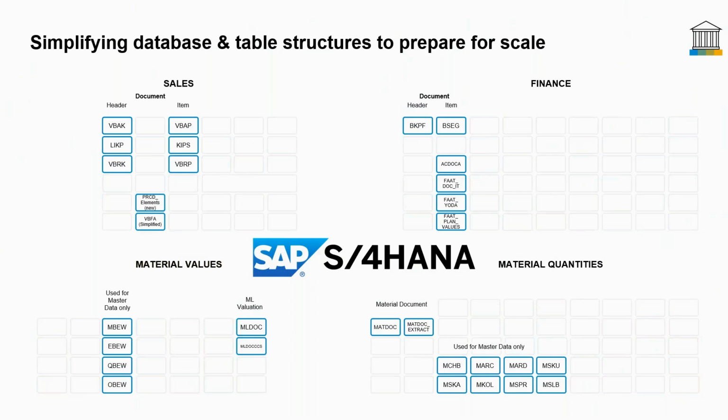When your core data model is simplified, it means your database structures are simplified. Obviously, your application code becomes a lot simpler. Application code means whatever code they write on top of this, the ABAP programming they use to build that application.